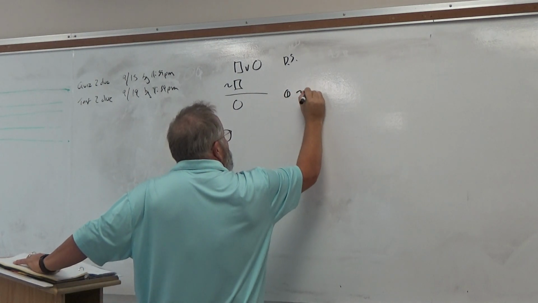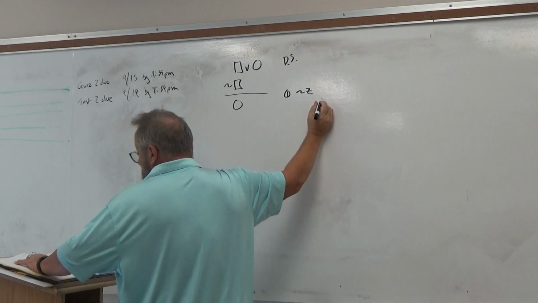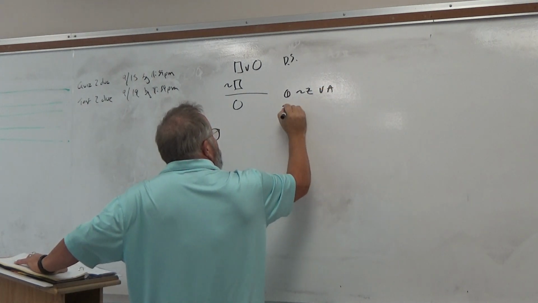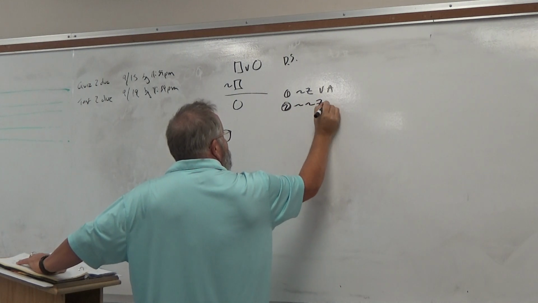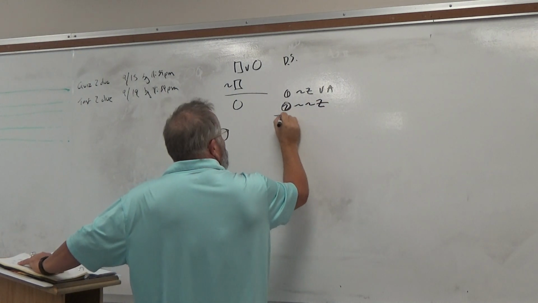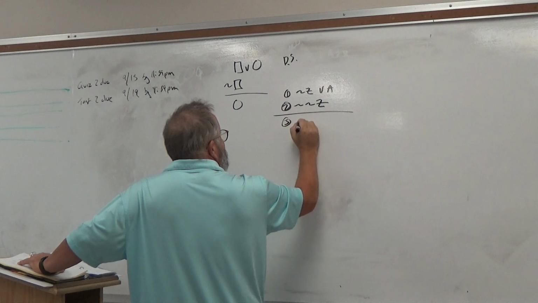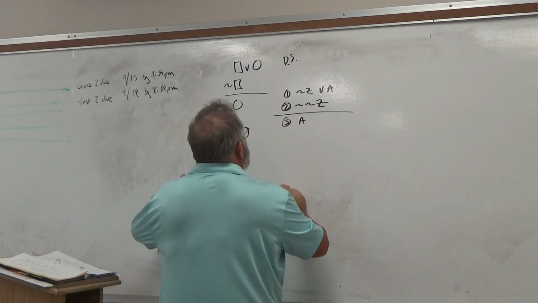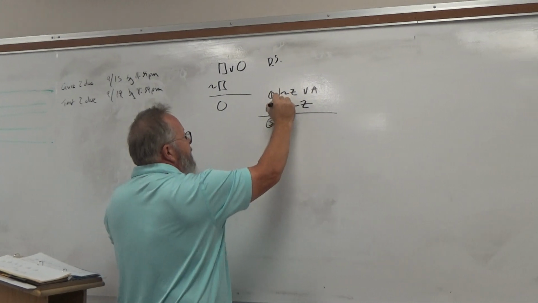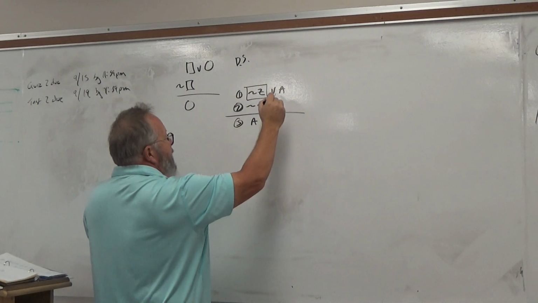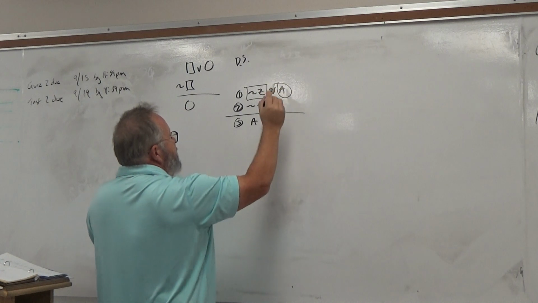Number 1 has not Z or A, and 2 is not Z, and 3 is A. Okay, first line needs to be a disjunction. This is a disjunction, so let me let Z equal a box and let this equal a circle.